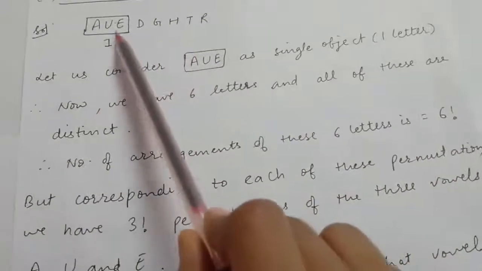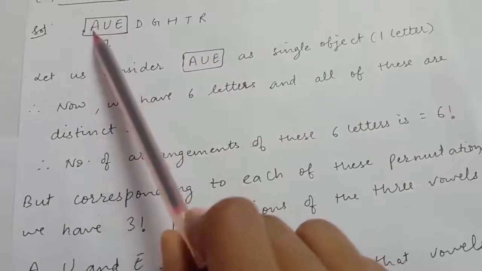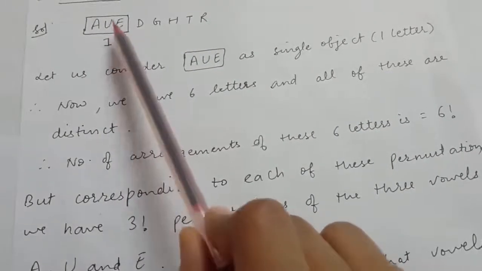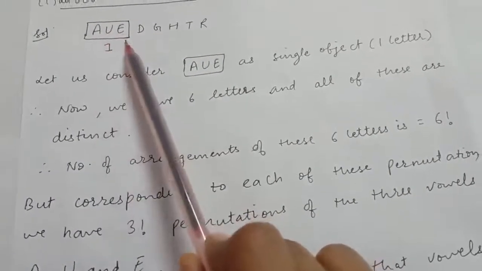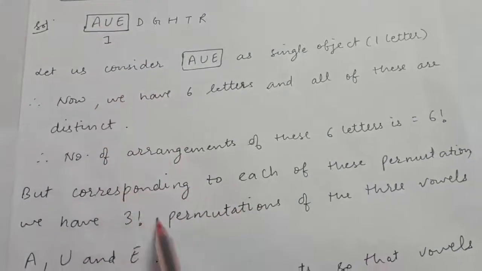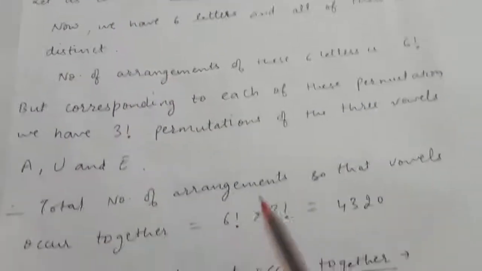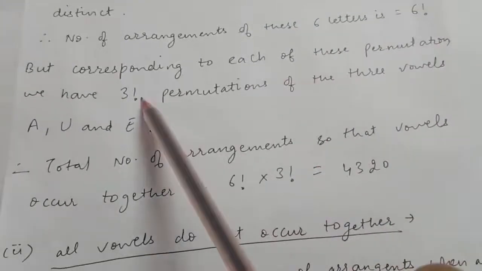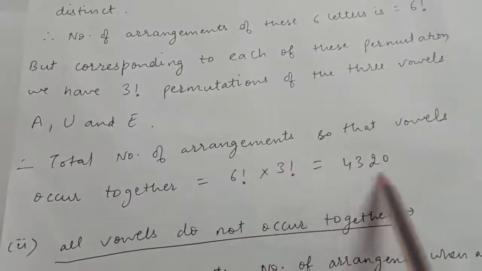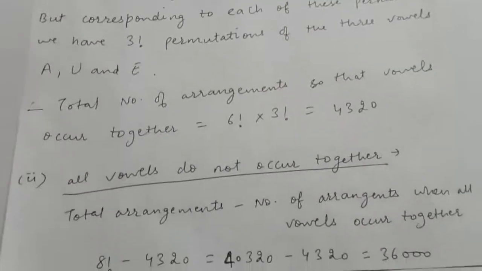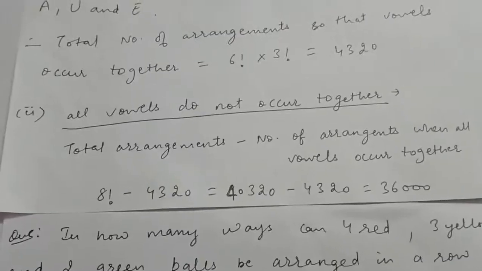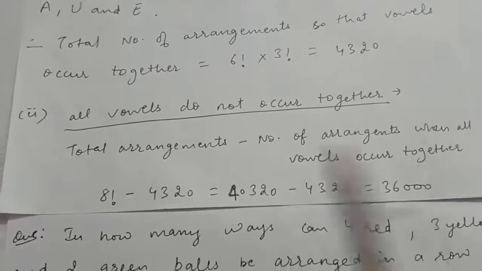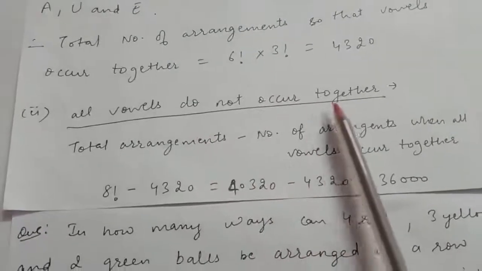The letter which you treated as one actually contains 3 different letters, so these can be arranged in 3 factorial ways. Therefore, the total number of arrangements will be 6 factorial into 3 factorial, which is 4320, right?